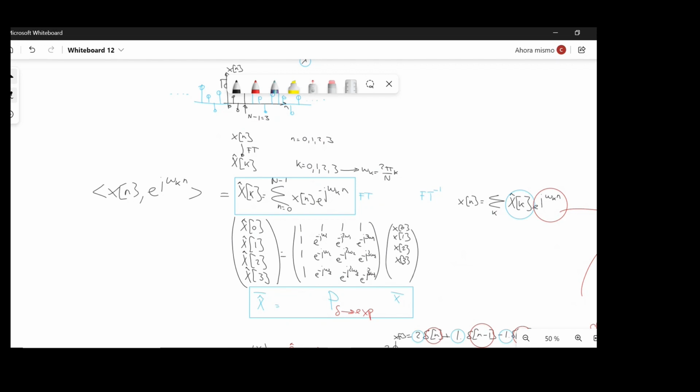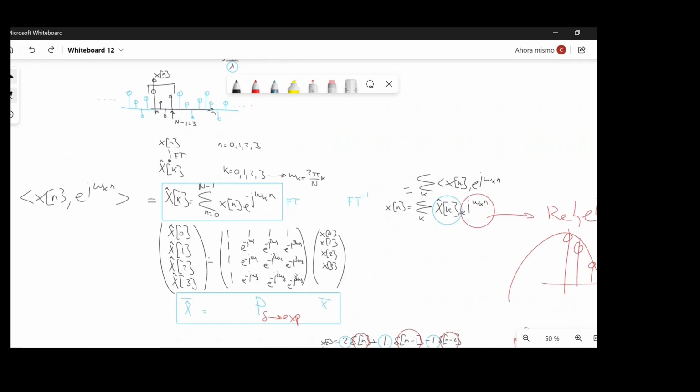So this is the sum over all your elements in your basis of the inner product between x of n and your basis, times your basis.